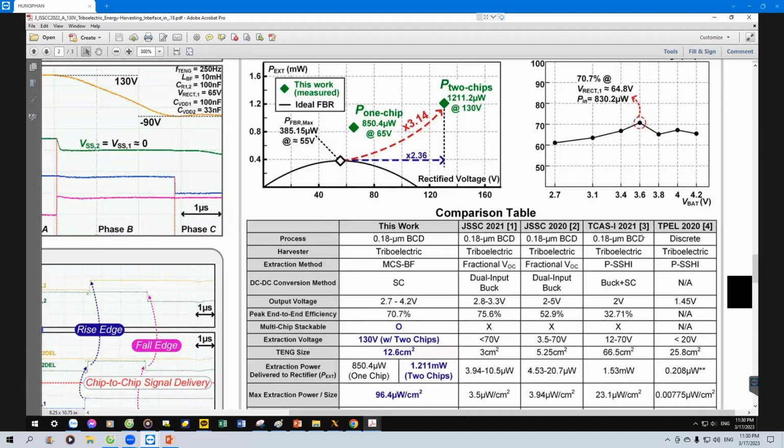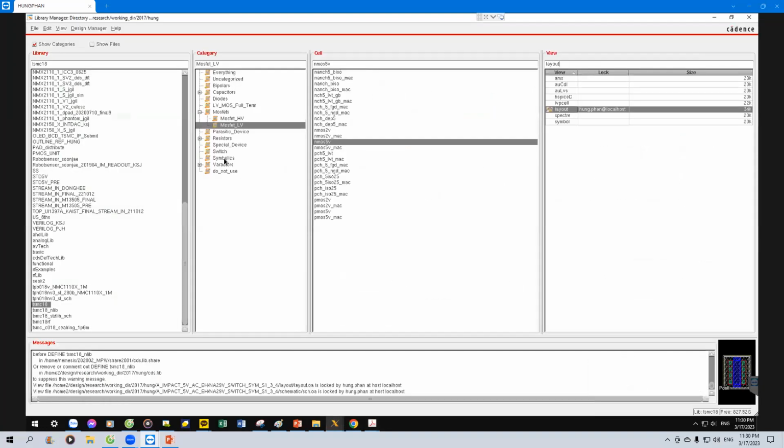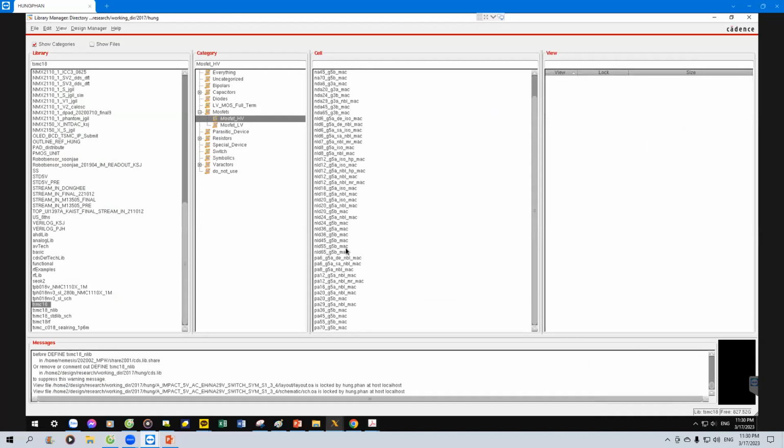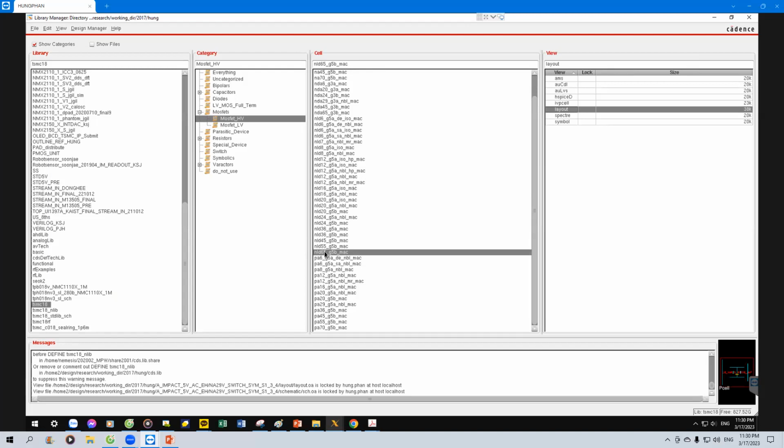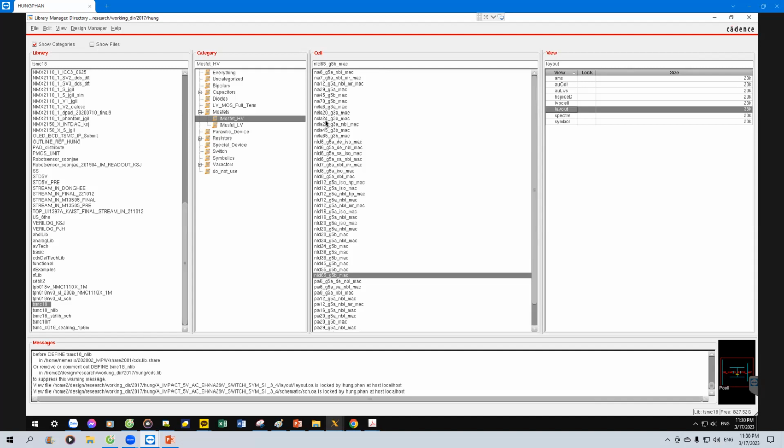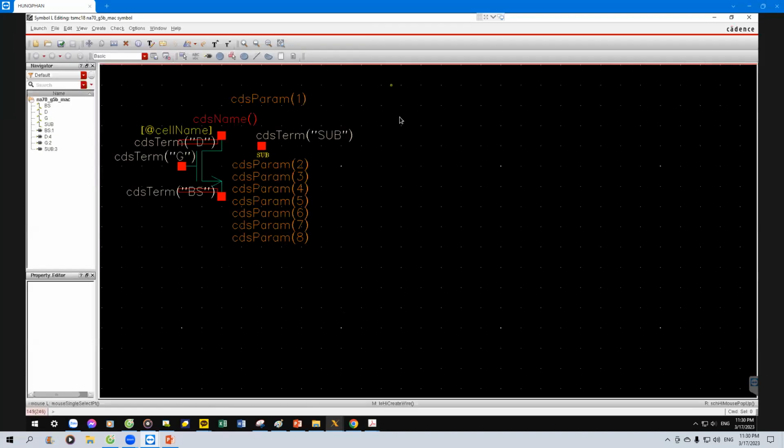And here in the BCD process, you can see the MOSFET, 70. Here is the voltage, the target voltage. The MOSFET can work if the voltage is under this.